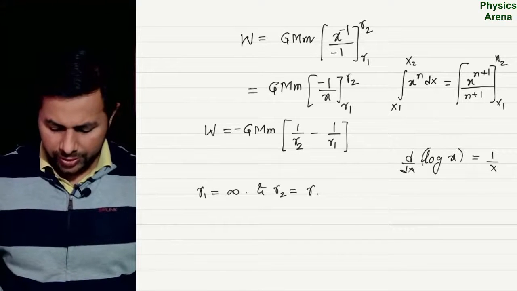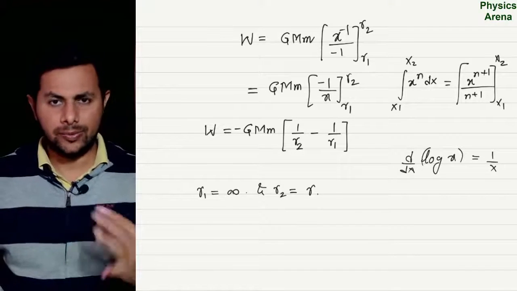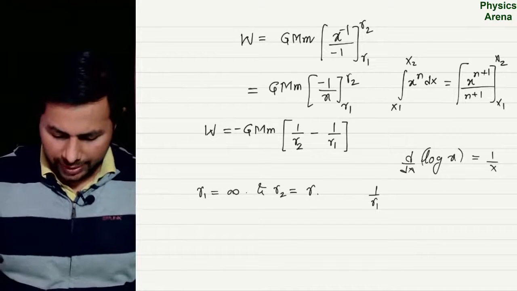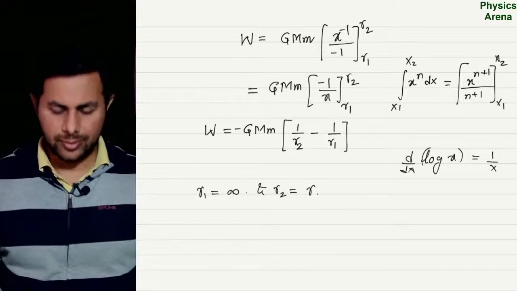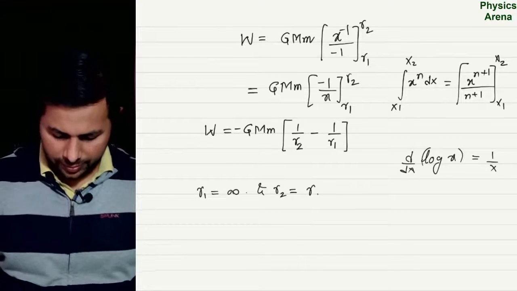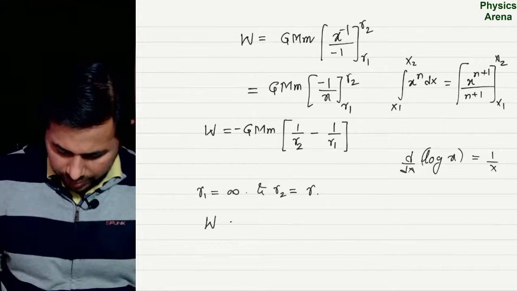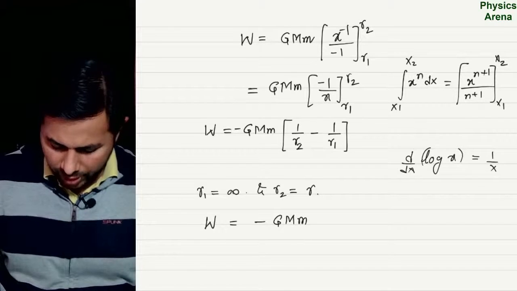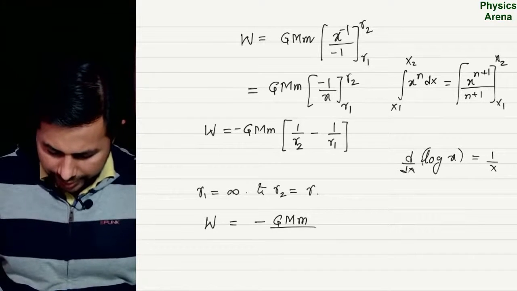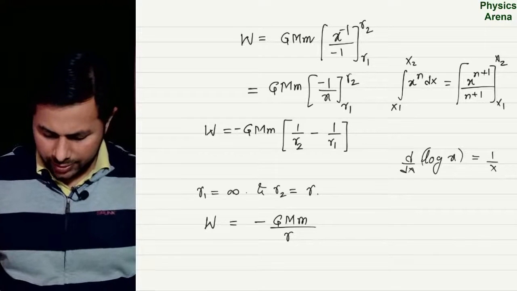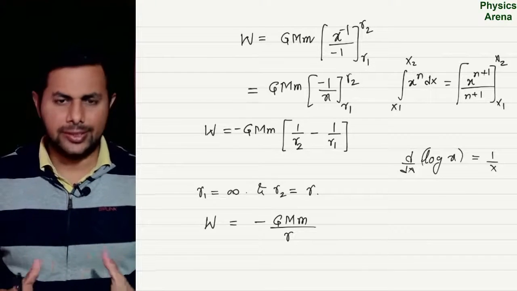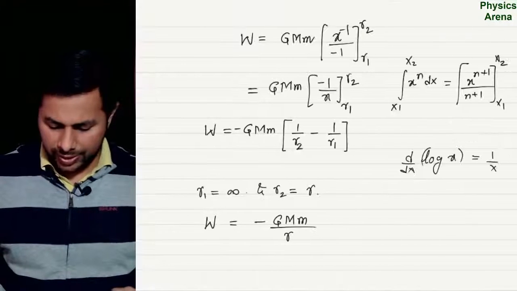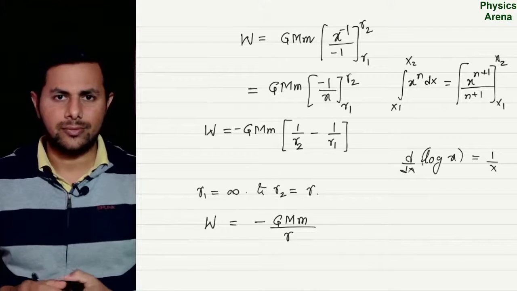So if we substitute that, R1 is infinity, so 1 by R1 is 1 divided by infinity, so that will become 0. Okay, and therefore we get minus of G capital M into small m over R2. R2 is what? r. So this much is the work done against the gravitational force to bring an object from infinity to distance r. All right.